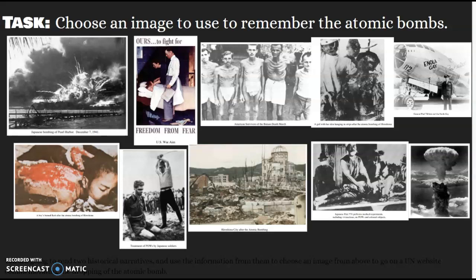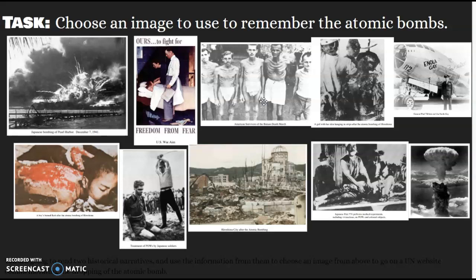The third one is right here, American survivors of the Bataan Death March. So the Americans and Filipinos were defeated by the Japanese, and as a result, the Japanese forced the soldiers to march about 65 miles through jungle and hot weather with no supplies, no food, no water, no shelter.